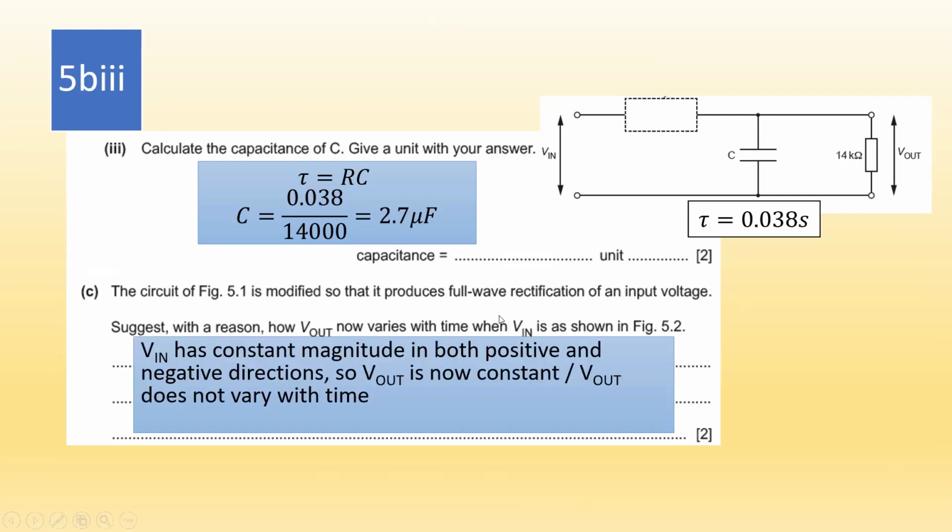V in is constant, so V out does not vary with time. So V out is now a constant value. Because basically you are turning the negative to positive, that's all.